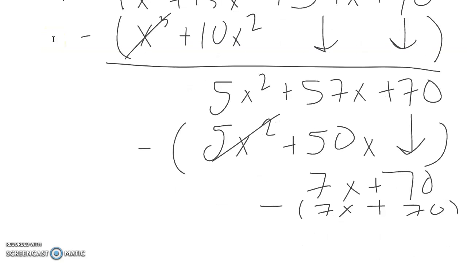So now we're going to move it down, and we're going to subtract. 7x cancels out. And now we're going to do, this is a mistake, this should have been minus.